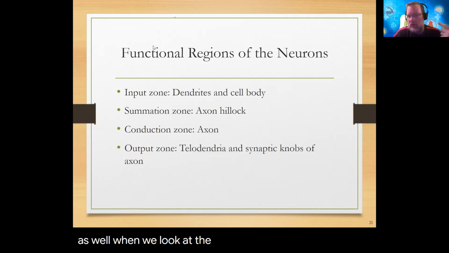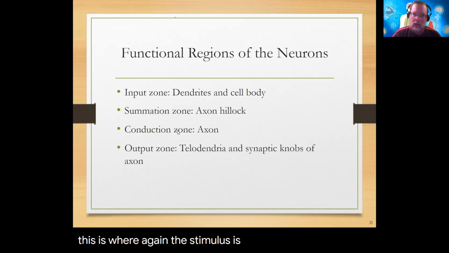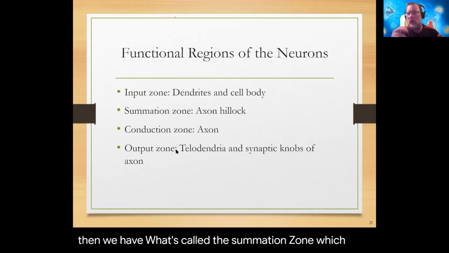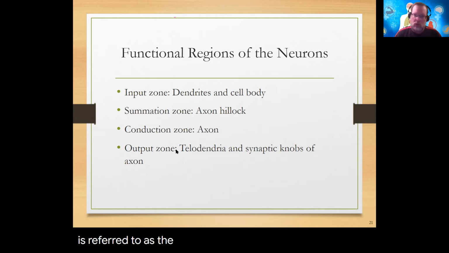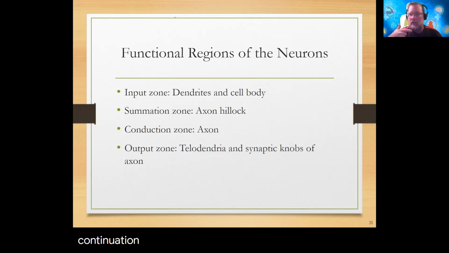When we look at the functional regions, again, I'm going to zoom through this because this is all advanced A&P. We do have the input zone. This is where, again, the stimulus is going to come in, and then we have what's called the summation zone, which also is referred to as the trigger zone. That's where we're summing, right? We're adding voltage to see if we get to a certain threshold to elicit the continuation of that stimulus.